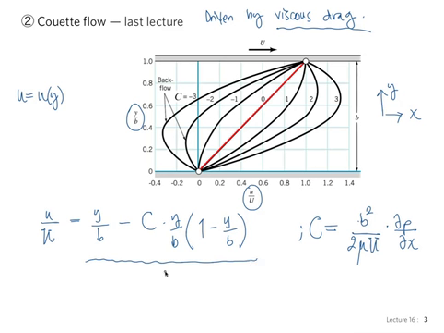Now you can think about that velocity distribution as a superposition of two parts.